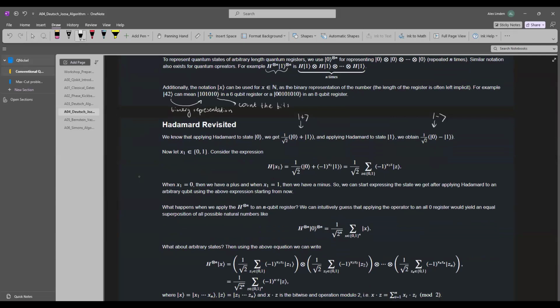We can write it in the following way. What is this and why is this? We're essentially combining these two because it can either be this version or this version. And what do they differ by? Only by the sign. So as we saw before, the easy way to merge these things is to use the power here. And this is what we're doing. So this is either plus or minus.